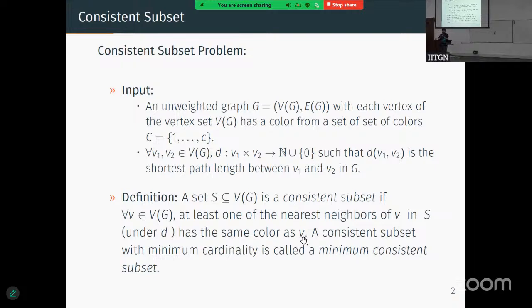We already discussed what the nearest neighbor of a vertex in the set is. So at least one of the nearest neighbors must have the same color as v. In this case, we can say S is a consistent subset. The target is to find the minimum such consistent subset. This is called the minimum consistent subset, MCS.